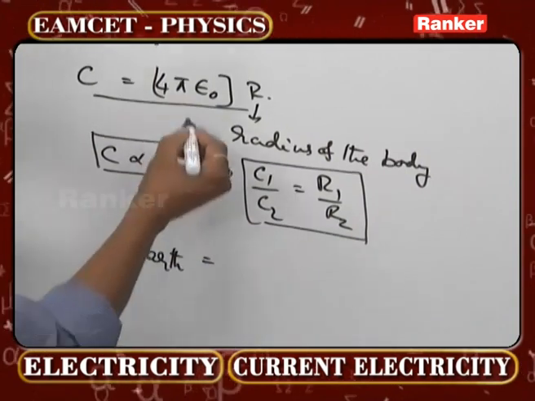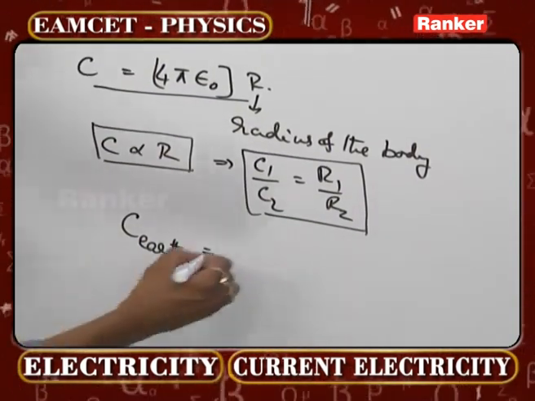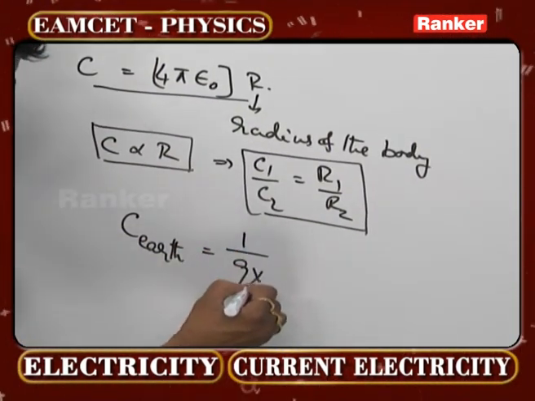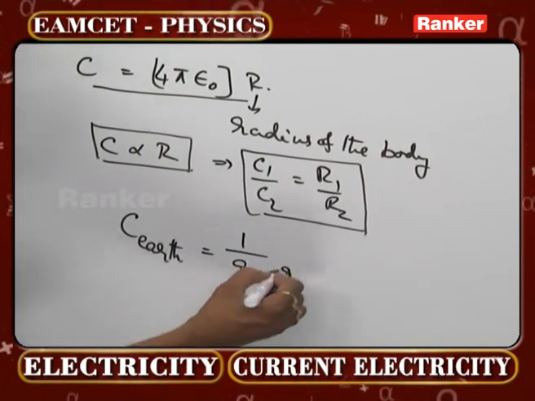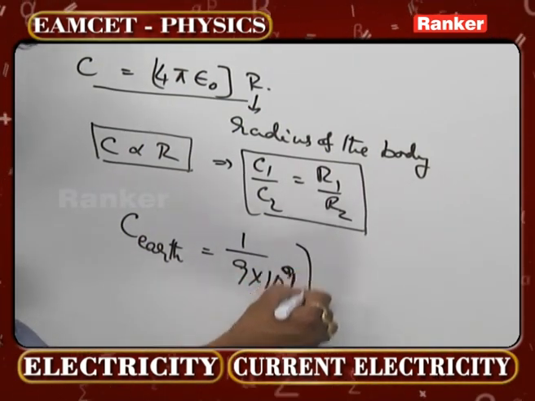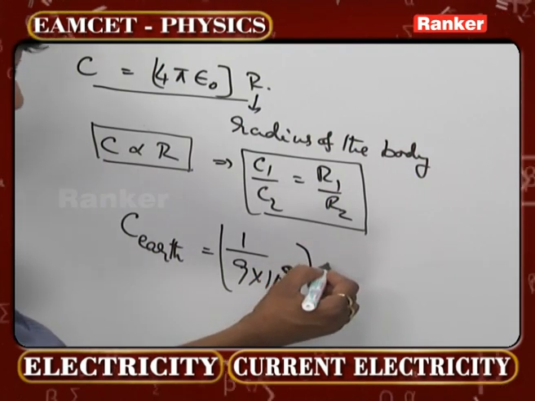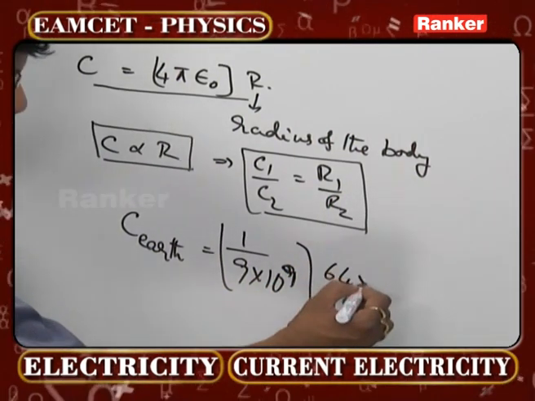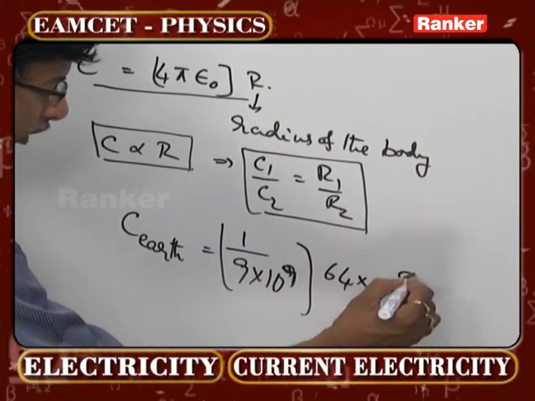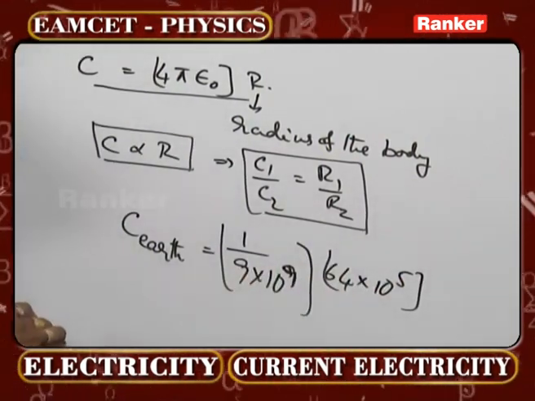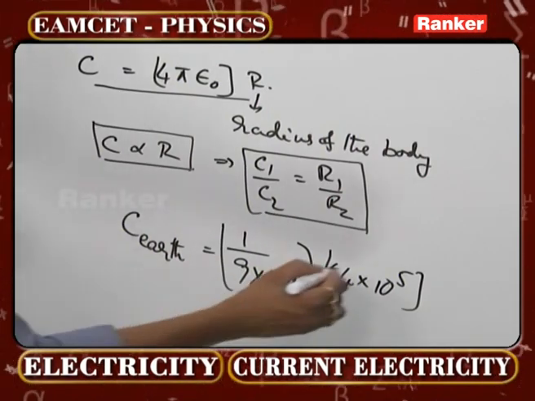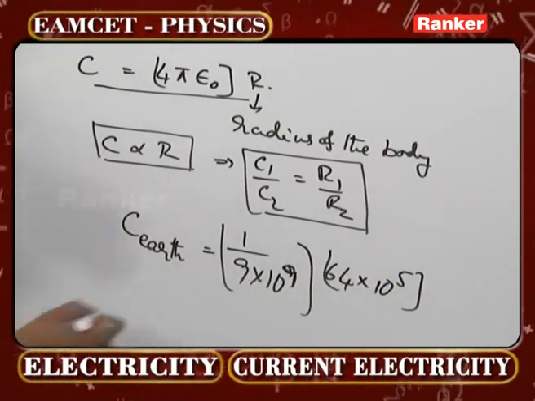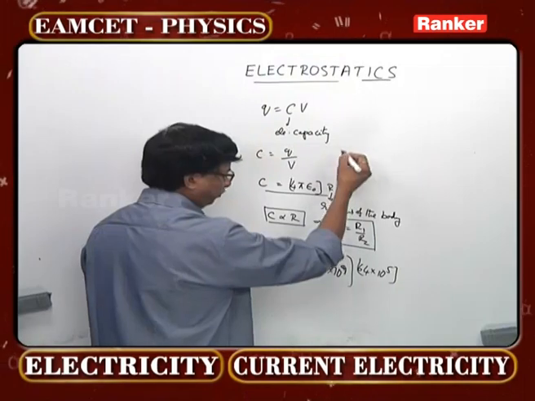That of course we can say 4 pi epsilon naught, which is 1 by 9 into 10 power 9, into the value of R, which is the radius of earth, 6400 kilometer. That in the sense we can say 64 into 10 power 5 meter we can write. Now of course you can cut this 10 power 5 over here, 10 power minus 4 times.